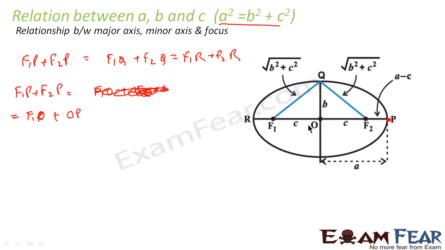We know F1O is C, and we know OP is A, plus F2P. F2P is nothing but A minus C, because this whole OP is A, this is C, so this is OP minus OF2. What we get is C plus A plus A minus C, which is equal to 2A. So the common distance is 2A.